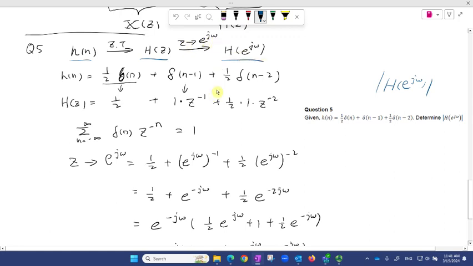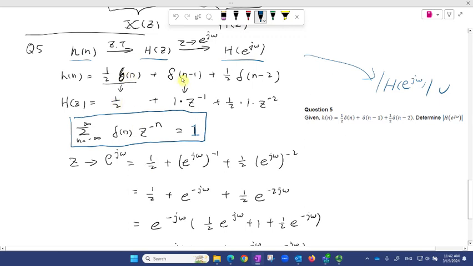You get H of e to the j omega, and then you find the magnitude of that. So first, I just copy down the h[n] expression and do a Z transform, and this is the equation we're going to use. The Z transform of a delta function is 1.